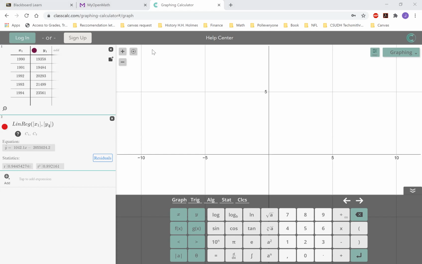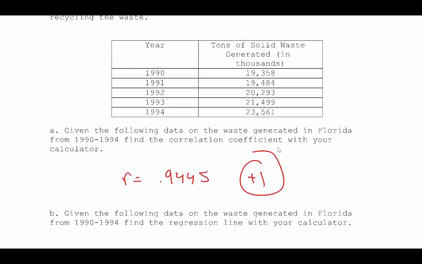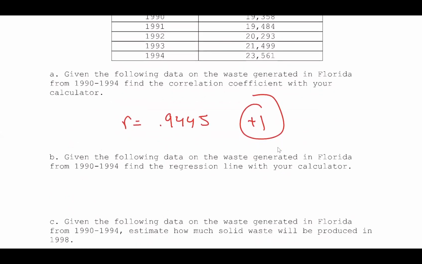All right, let's go back to the quiz. If you put R is equal to 0.9445, I gave you a point. For part B, it said, given the following data on the waste generated in Florida from 1990 to 1994, find the regression line with your calculator.